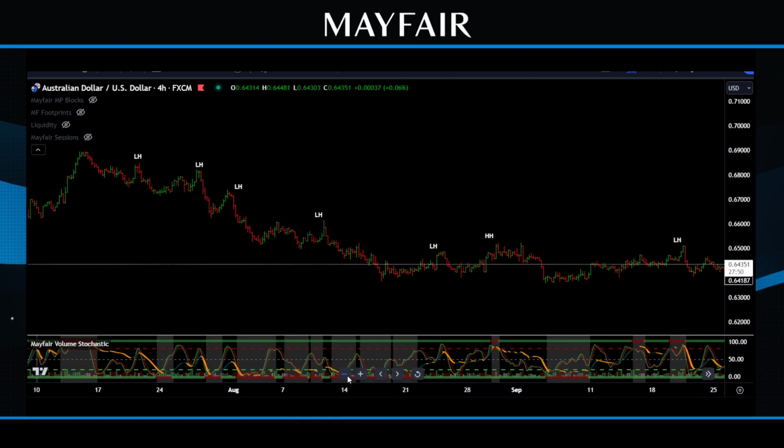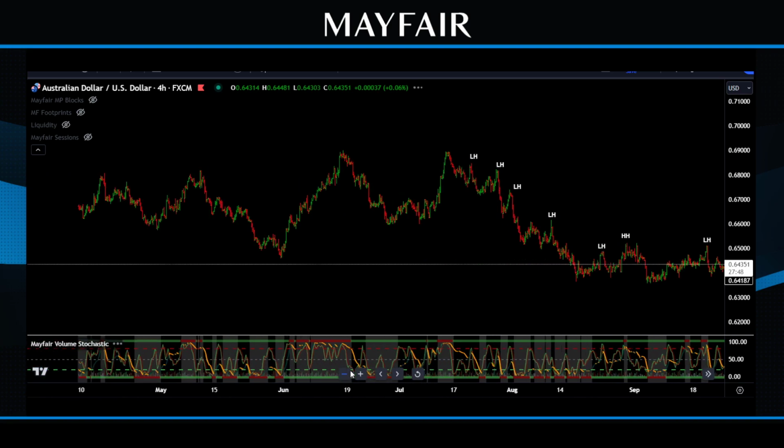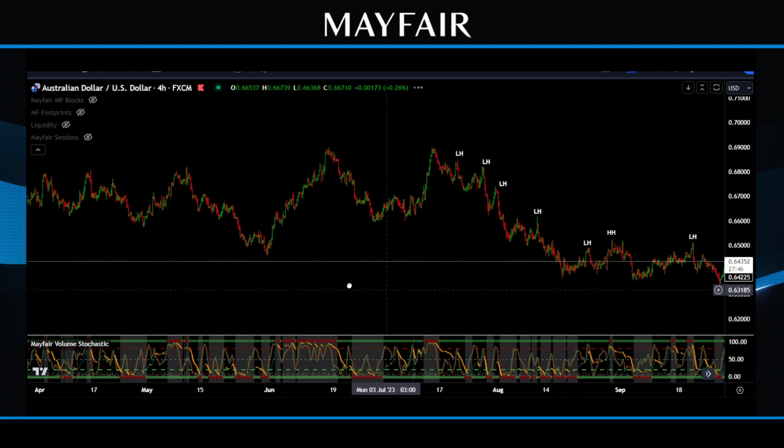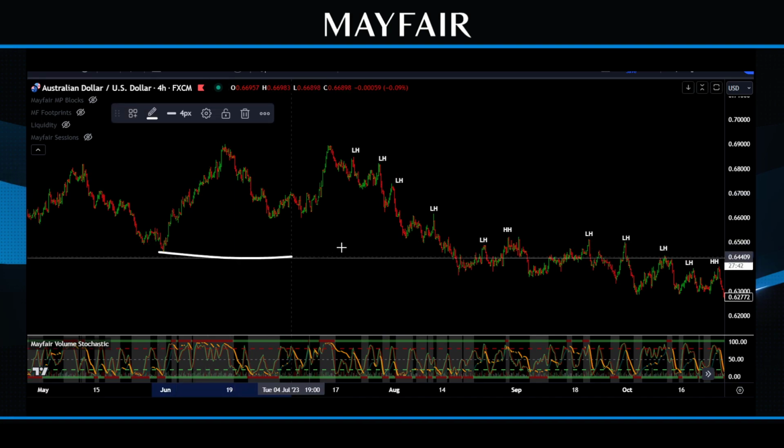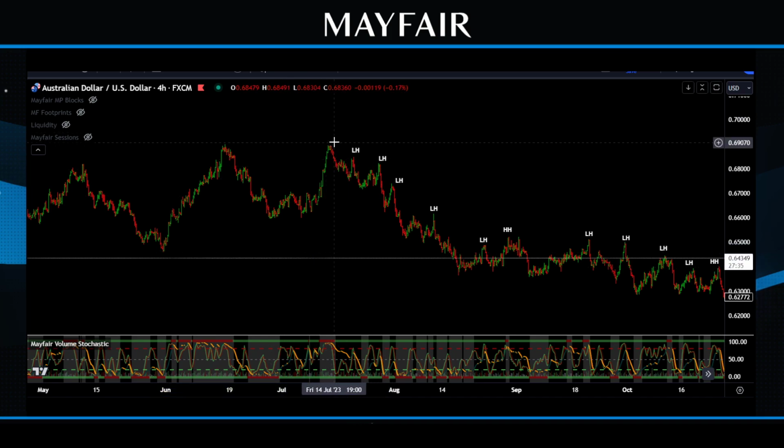So I've labeled these from that last major swing high. We've clearly broken here down to a new low. So for me, the sentiment is still relatively bearish at this particular point. Although we've come up and created a high, we failed to make that new high, and we've broken the prior swing low down here.